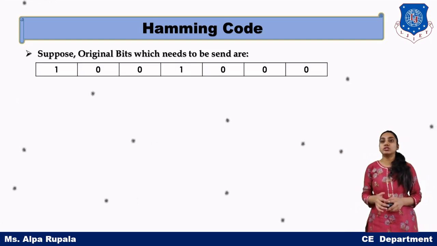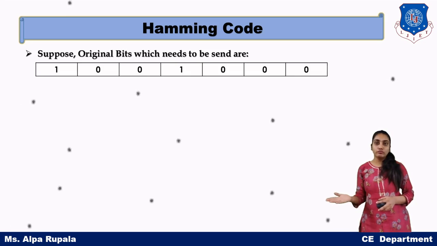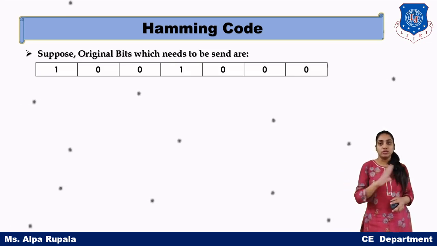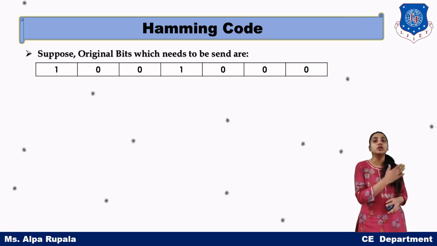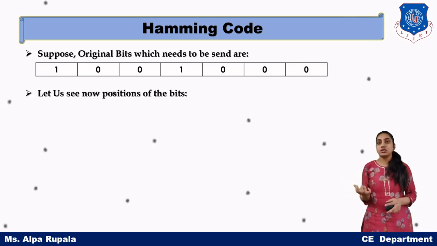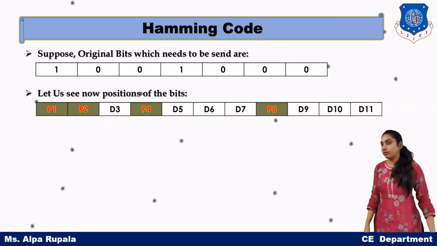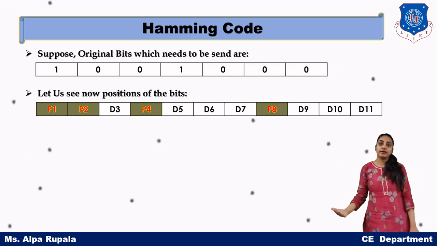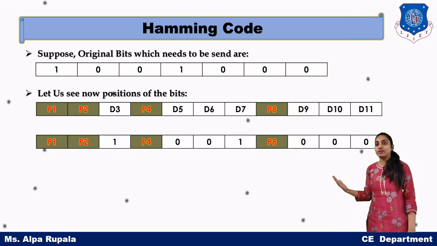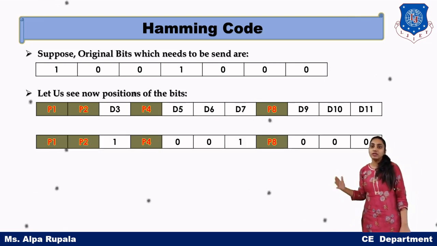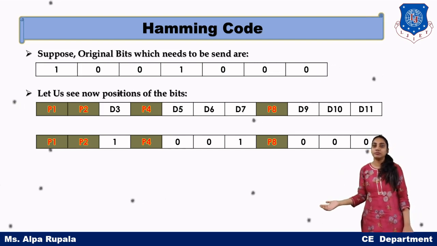Suppose our original bits which need to be transmitted are 1 0 0 1 0 0 0. This is the original data to be transmitted from transmitter to receiver. Let us see the positions of the bits. In the diagram in yellow, P1 and P2 are parity bits, D3 is a data bit, P4 is a parity bit, D5, D6, D7 are data bits, P8 is a parity bit, and so on, again data bits.